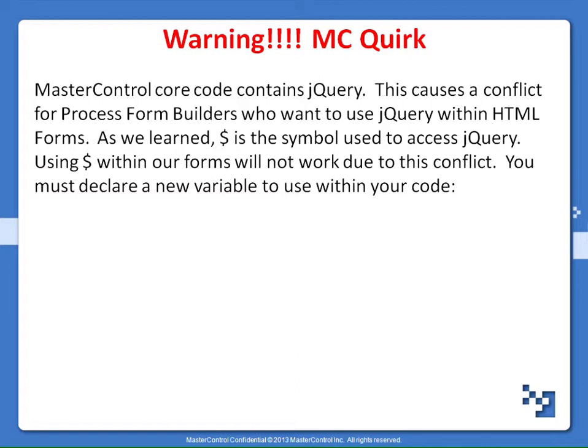It's 1.4.2, and I think they're up to 2.0 point something. When you're trying to run two libraries in one system, there are conflicts, so we have to resolve that conflict. As we learned in the previous slide, we use the $ sign to initiate a jQuery call, but that's going to break essentially because of this conflict.